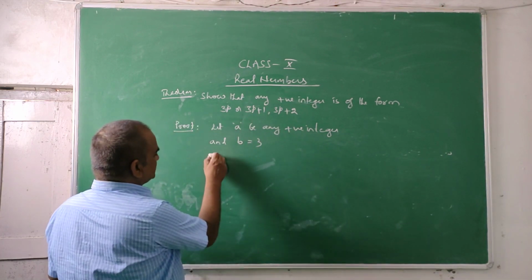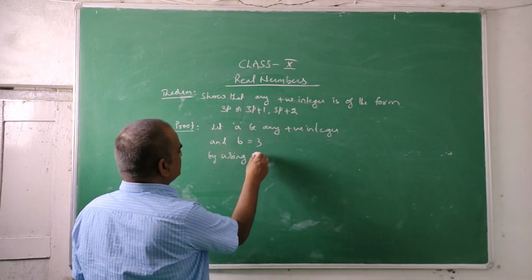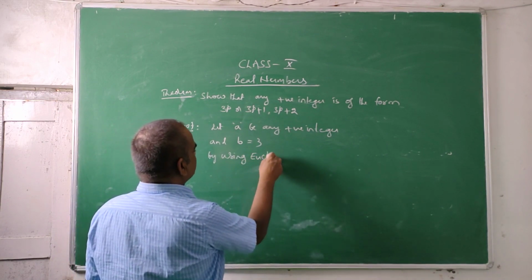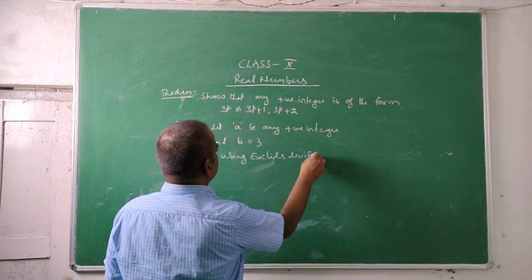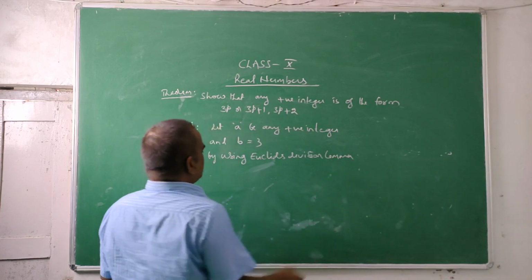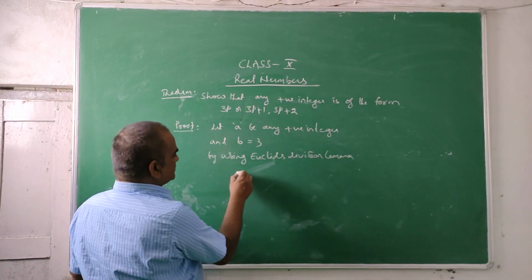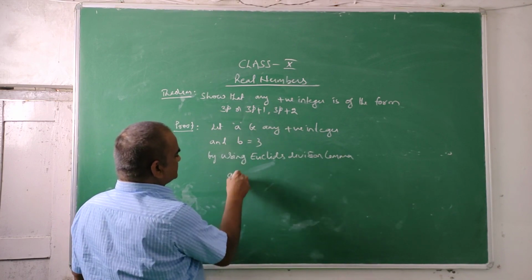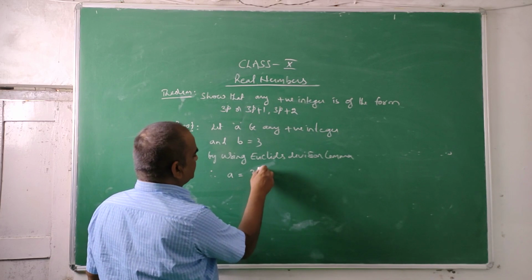Therefore, by using Euclid's division lemma, what do you get? Just now we have discussed. So by Euclid's division lemma, we get a is equal to 3 into some p.